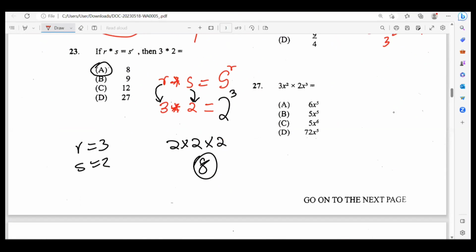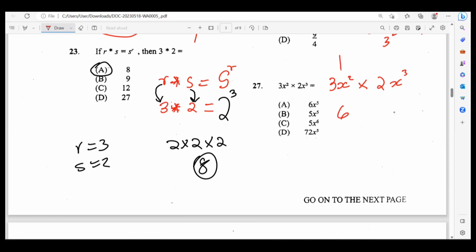All right, so we're looking at 3x squared times 2x to the third. Whenever you multiply, the numbers work themselves out. So 3 times 2 is 6.